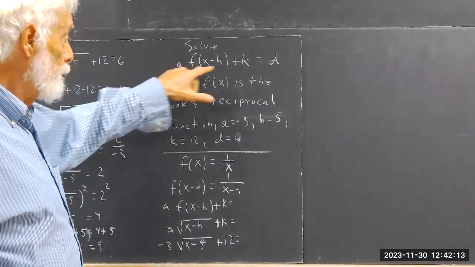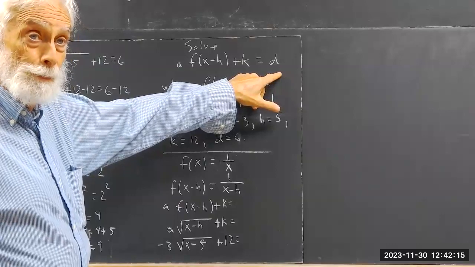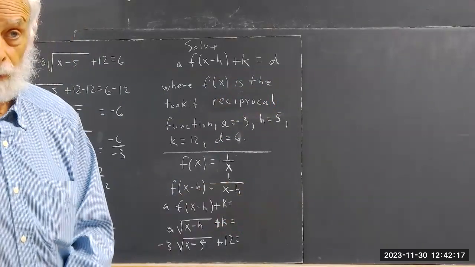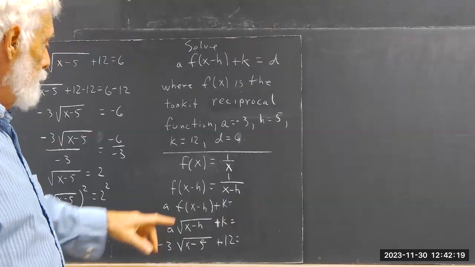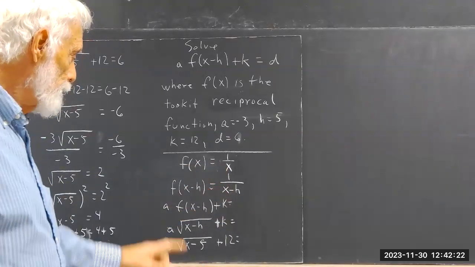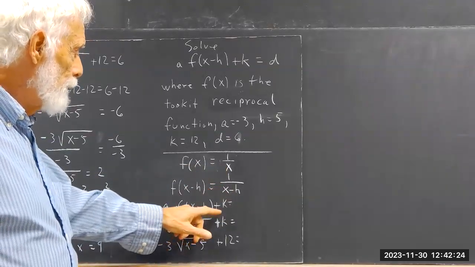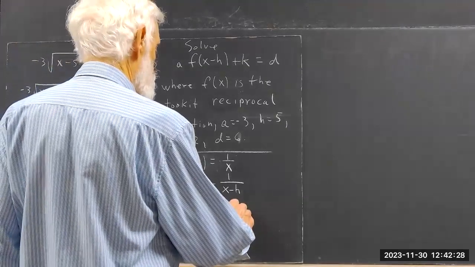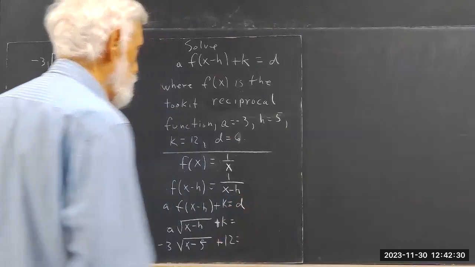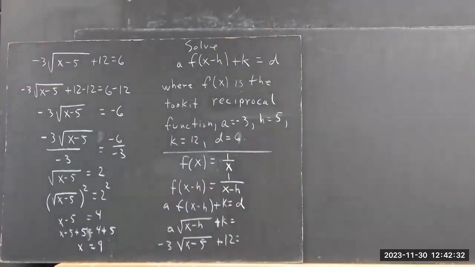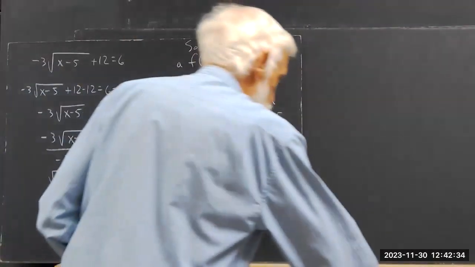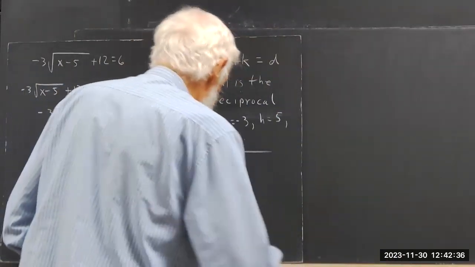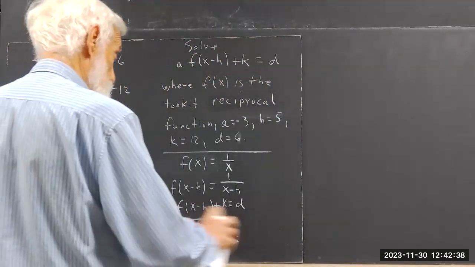So the first thing we're going to do is write this out with the symbols. Then we're going to plug in the numbers. So if f of x minus h is this, a f of x minus h plus k, well, what I've written here is the equation. Now, what is that equation? Well, it's not what I wrote down last time because we're doing the reciprocal function.